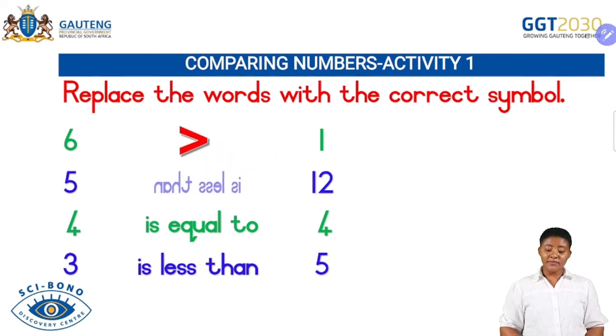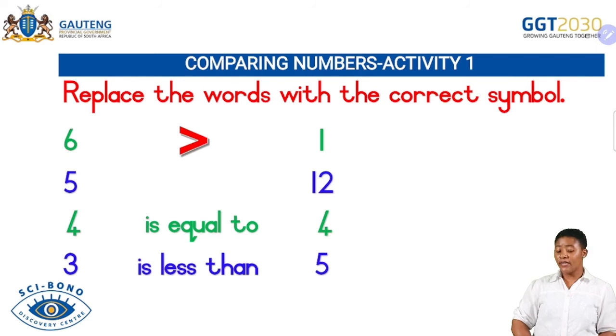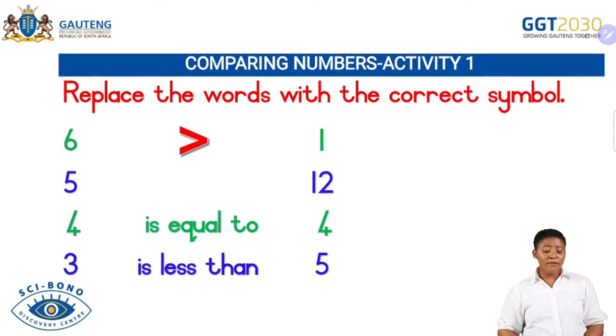What do you think? Yes, it is greater than. And then we have number 5. Is number 5 less than number 12? What do you think? Yes, number 5 is less than number 12.